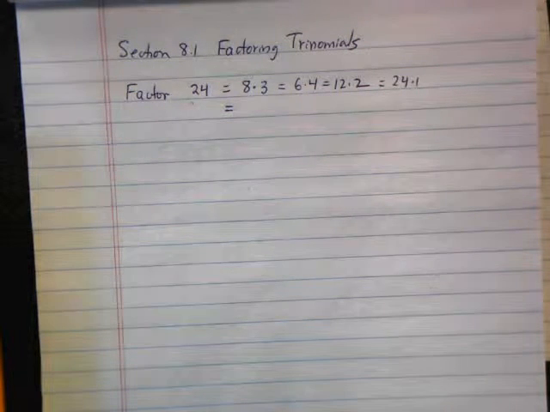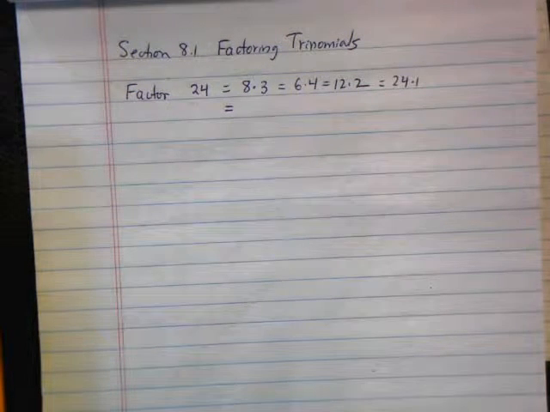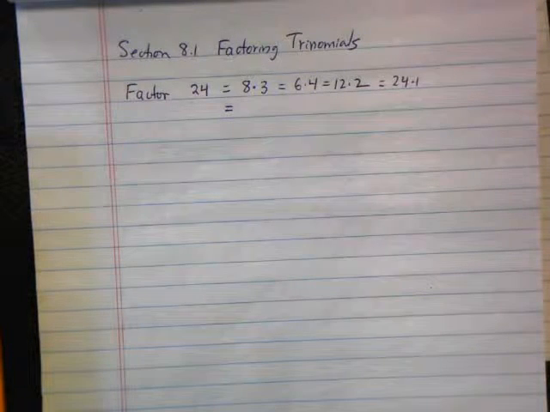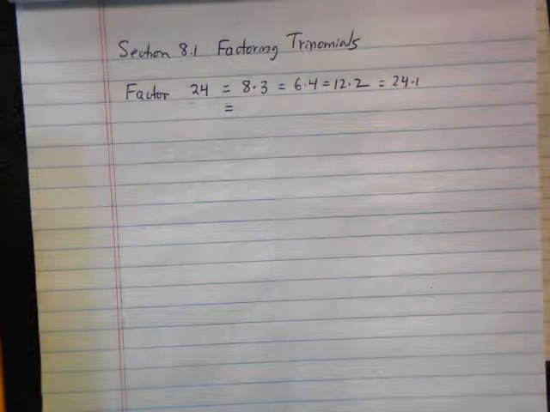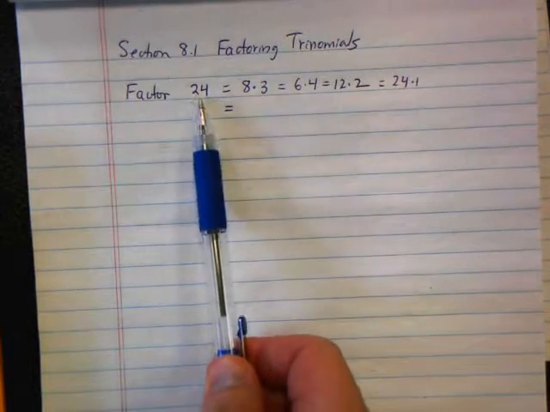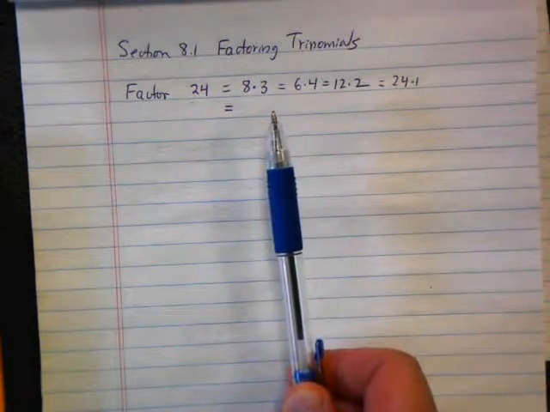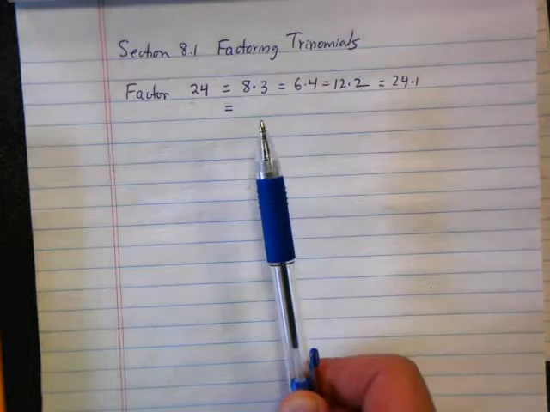Maybe another correct answer for me? Negative 8 times negative 3. Okay, that is a correct answer. I will concede. However, typically when we say factor a number, we mean only use positive integers. So negative 8 times negative 3 is equal to 24, but that's usually not considered correct.